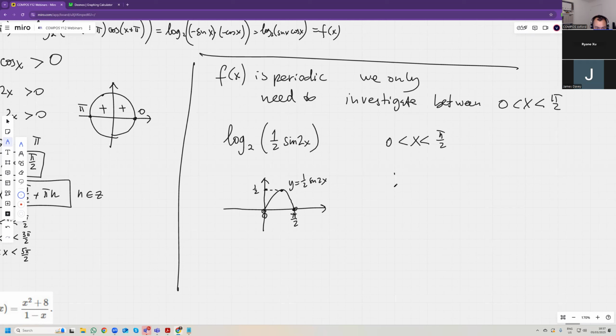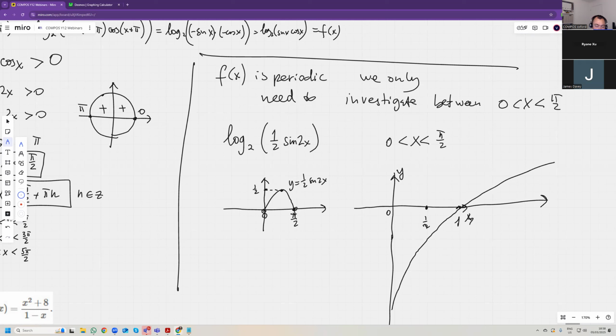And let's have a look at what the log does. Particularly we're interested in log between 0 and 1/2. So this is 0, this is 1/2, and this is 1. We know that the log graph, log 2, goes like this.